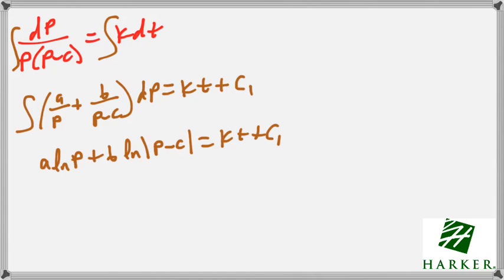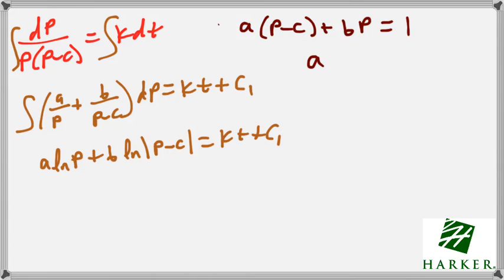Now I'm going to go ahead and find A and B. I know that A times (P minus C) plus B times P has got to equal 1. Whether you use Horner's method or whatever, I don't care how you do it. I'm just going to do it the easier way.